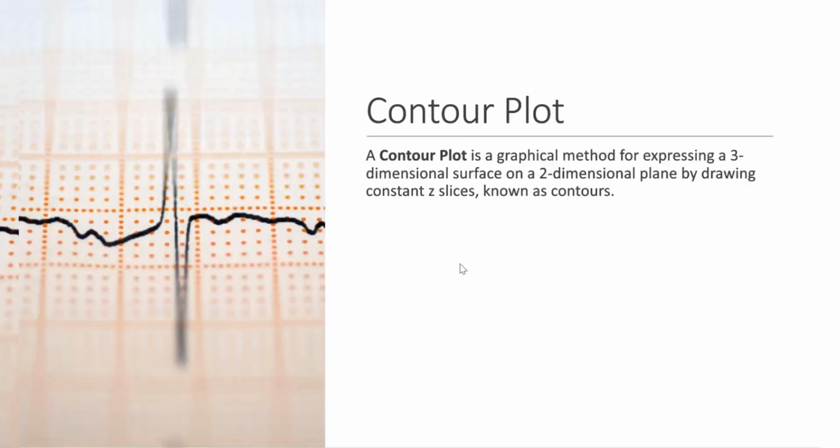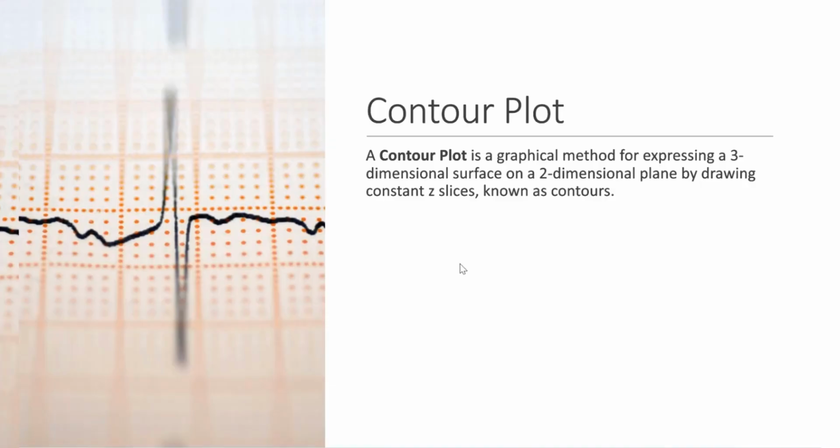So let's begin. A contour plot is a graphical method for expressing a three-dimensional surface on a two-dimensional plane by drawing constant z slices known as contours. We can say that it is a plot that plots two predictor variables x and y on the axes and a response variable z as a contour.